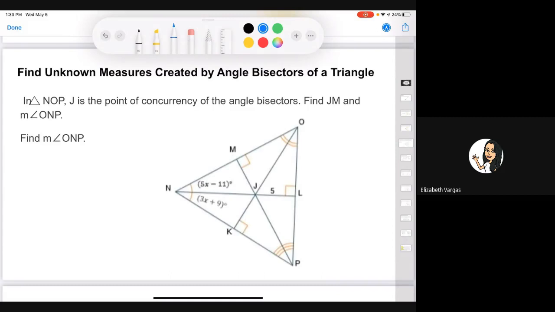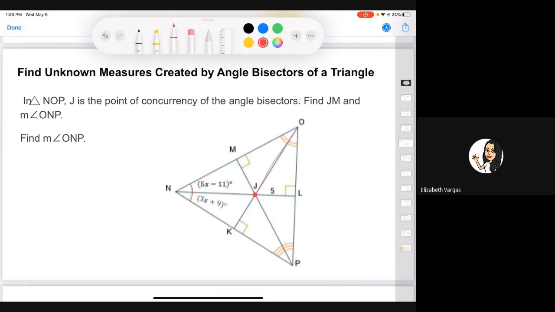Well, obviously, what we can also tell from this triangle is we're able to find the measure of ONP. So we'll identify that angle. ONP would be these two angles together. According to the theorem that we looked at, J represents the point where all my angle bisectors connect.